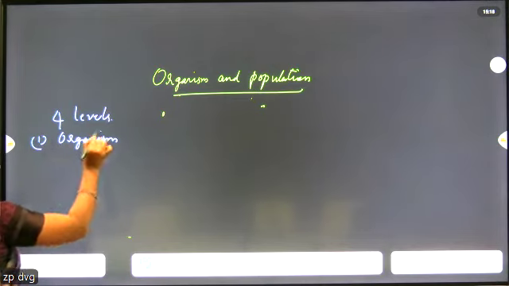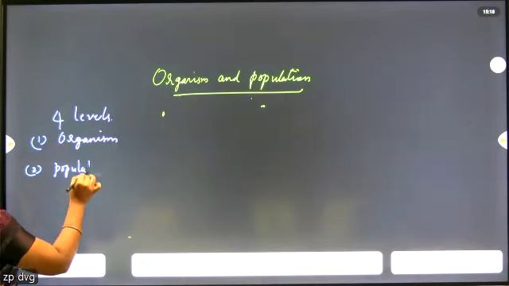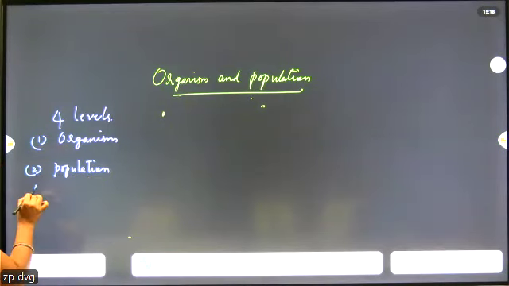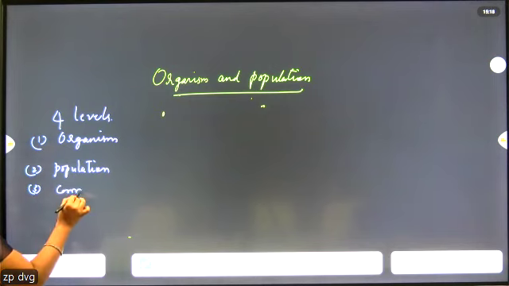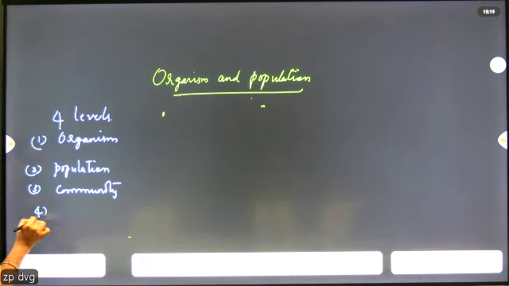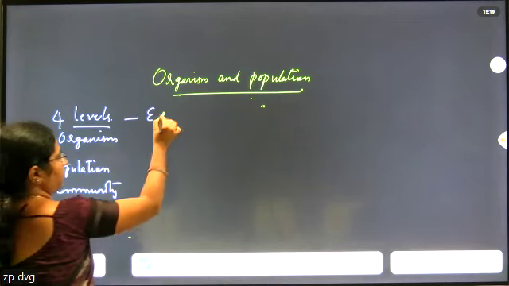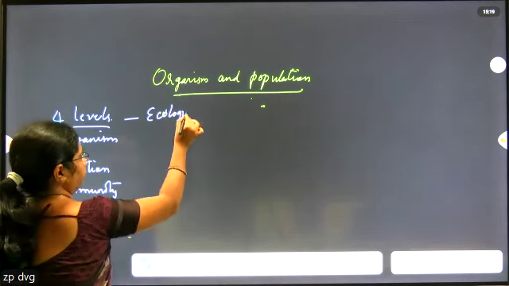Second is population. Third is community. And the last one is biome. These are the four levels which mainly explain ecology.